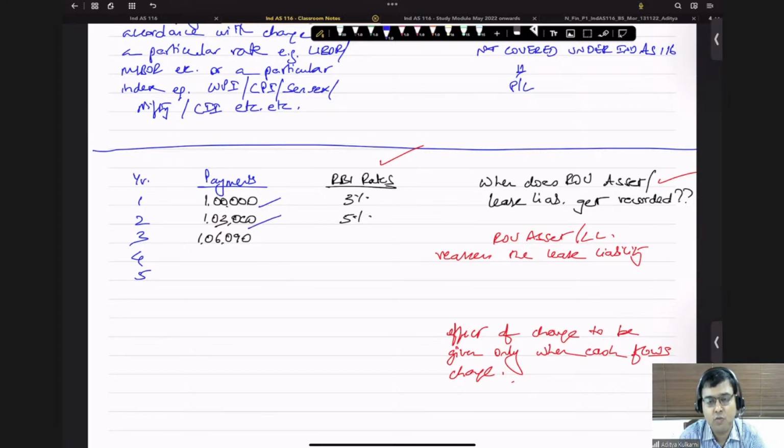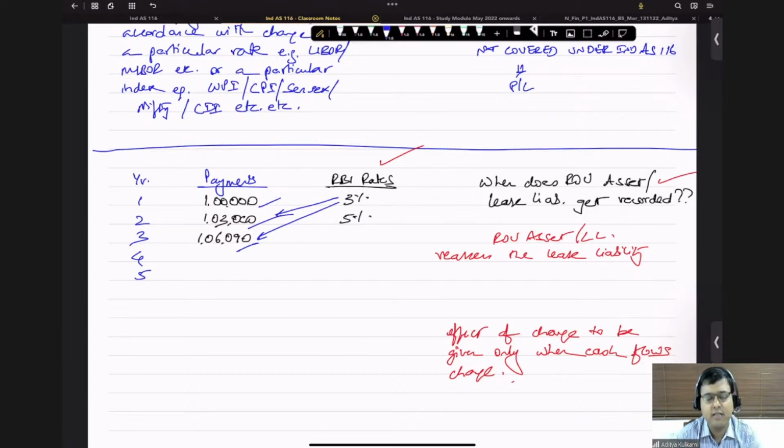So leaving aside end of year 1, that is how the lease agreement is structured. End of year 2, you will pay at 3%. End of year 3 also you will pay at 3%. Here also the cash flows are not undergoing a change. So year 1, year 2, year 3 will happen exactly the way you have projected in your lease liability workings. You thought 3%, you knew 3% is the actual rate.